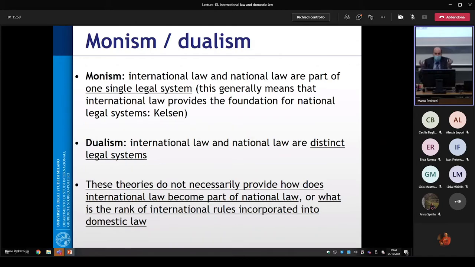And therefore, according to monism, the foundation for national legal systems is in international law, which means that it is international law which provides the basis, the foundations for the existence of states' legal system, of domestic legal system.